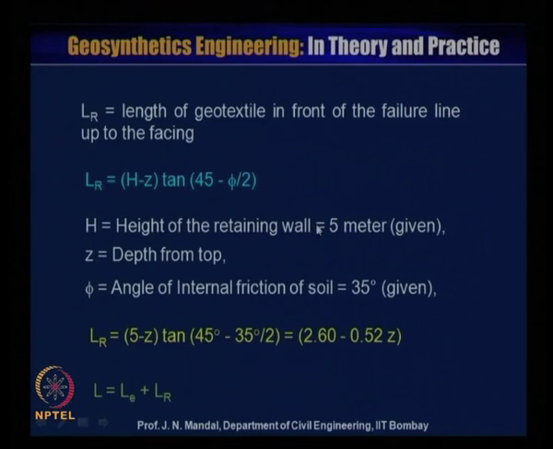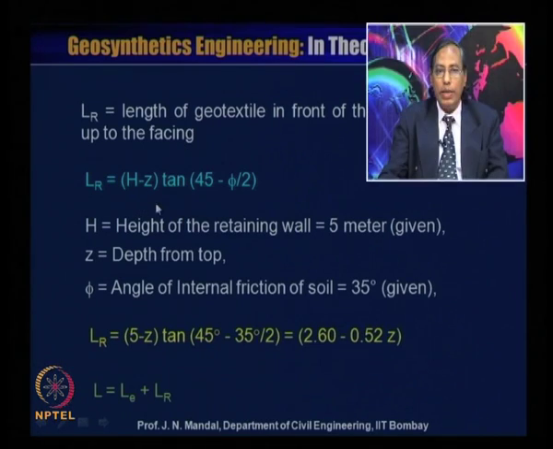So if you know the LE, you can calculate LR, that is the length of the geotextile in front of the failure line up to the facing. LR is equal to H minus Z into tan 45 degrees minus phi by 2. We have also discussed this earlier. So H is equal to the height of the retaining wall, Z is the depth from the top, and phi is the angle of internal friction of the soil, 35 degrees given.